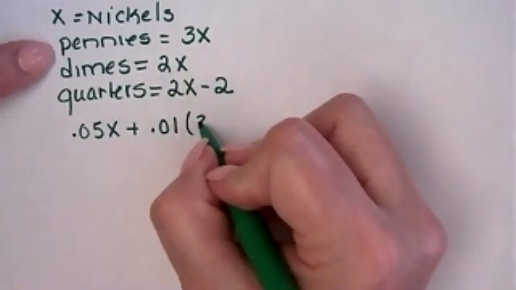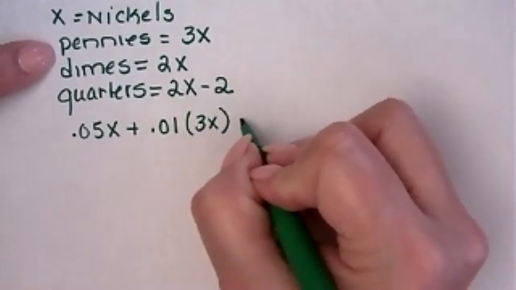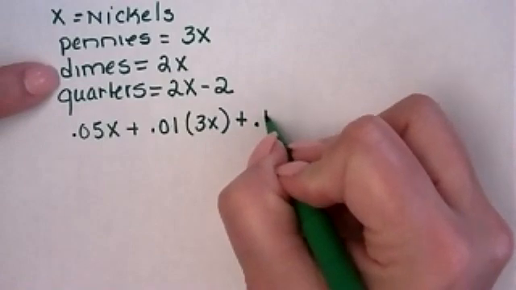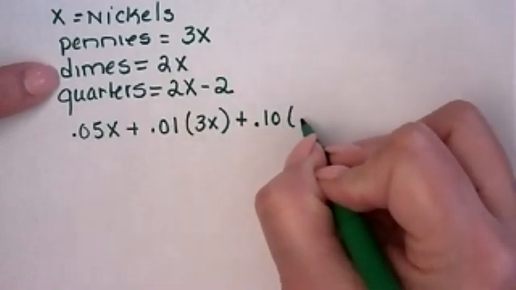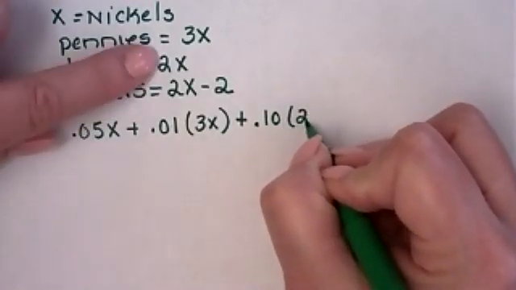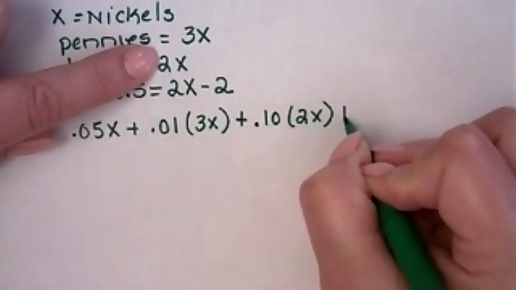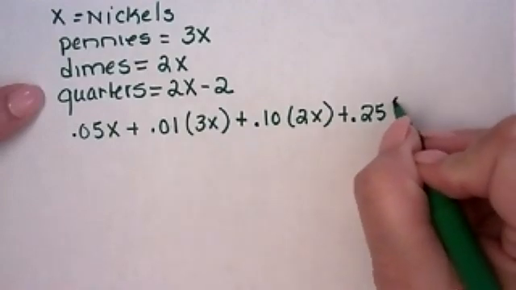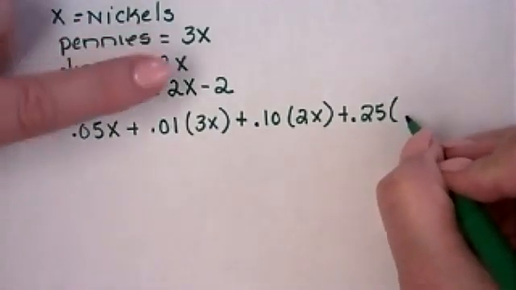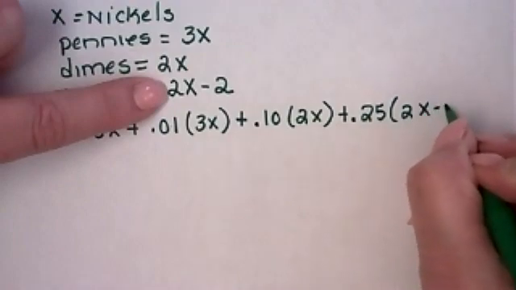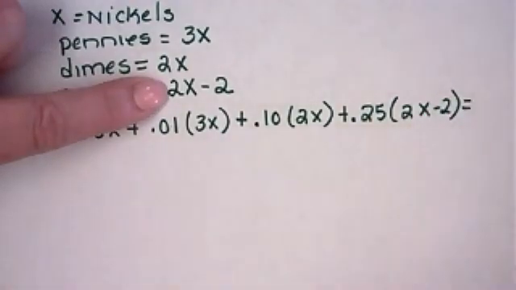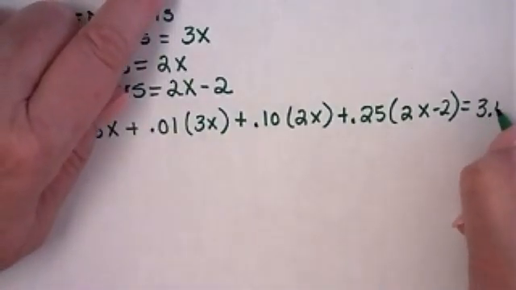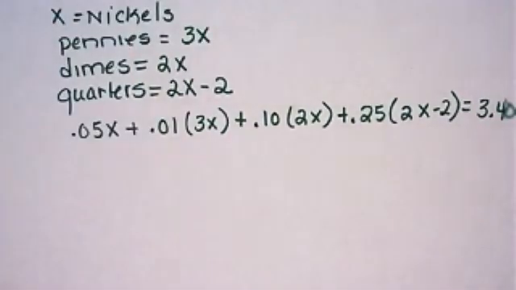And that's times 3x, plus, now my dimes is worth 0.10, and my number of dimes is 2x, plus quarters is worth 25 cents, so 0.25, and the number of quarters I have is 2x minus 2. And at the very top of my problem, it told me that we had $3.40 in change. Okay?